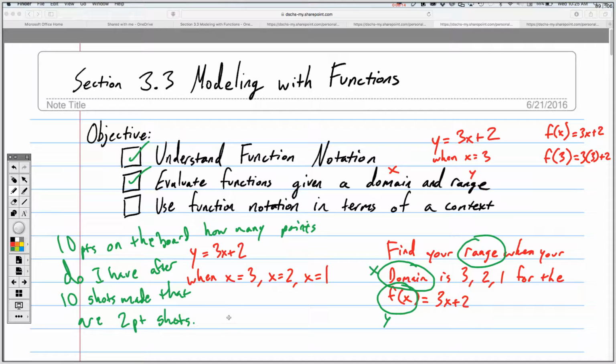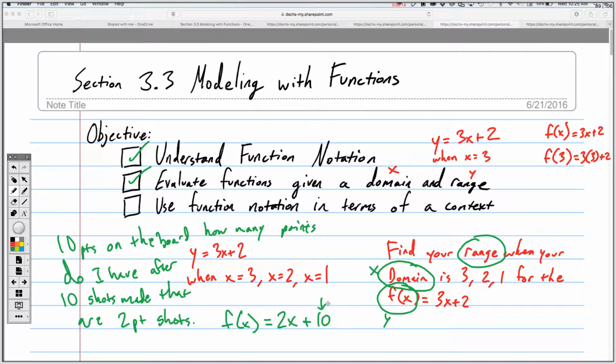Here we would write it as f of x equals, and then there's 2-point shots, 2x plus 10. You start at 10, 2x. So we would have to be able to make this equation and be able to read it as a context.